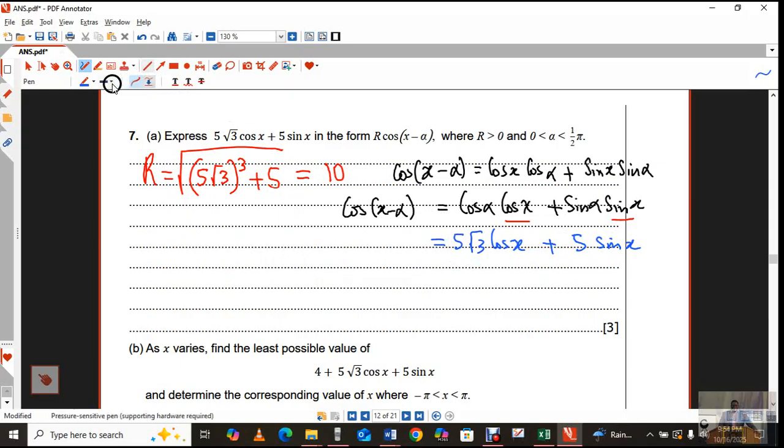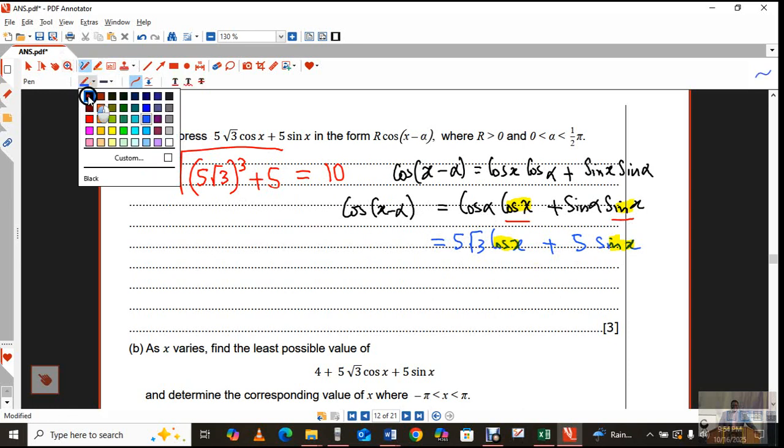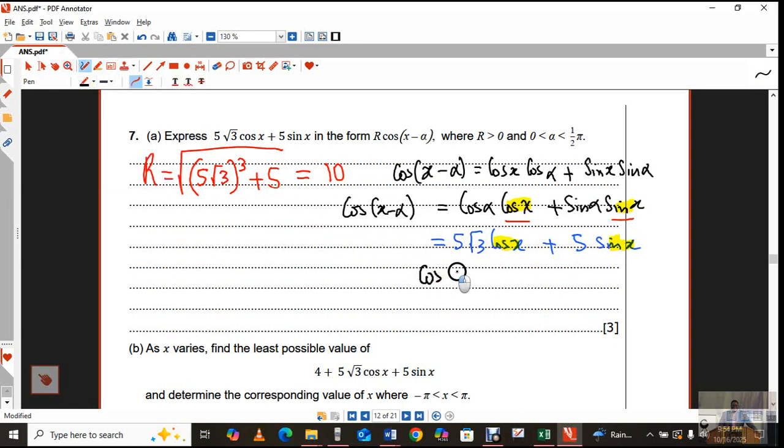At the end of the day, equating the coefficients, the cos x and cos x are okay. So cos alpha is equal to 5 root 3, and sine alpha is equal to 5.